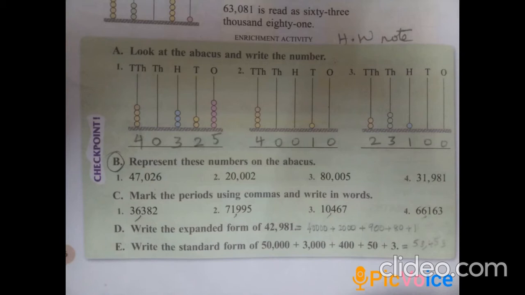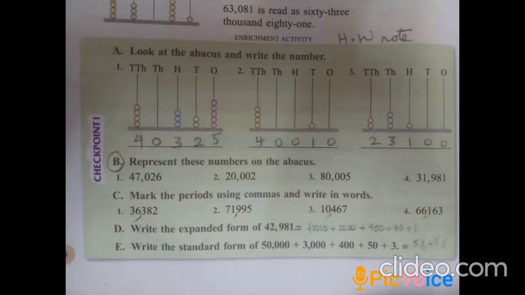Then write the number name: thirty-six thousand, three hundred eighty-two. Next question is the D question. Write the expanded form. They have given a short form. We need to write the expanded form.